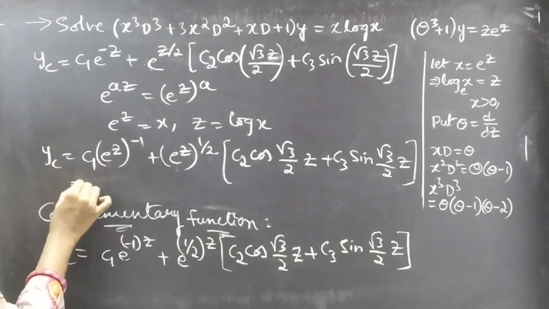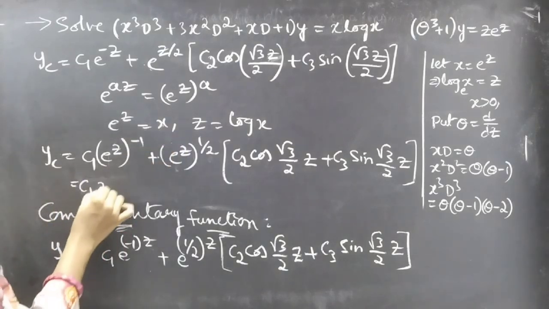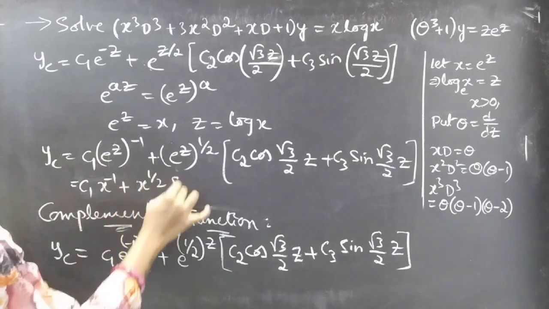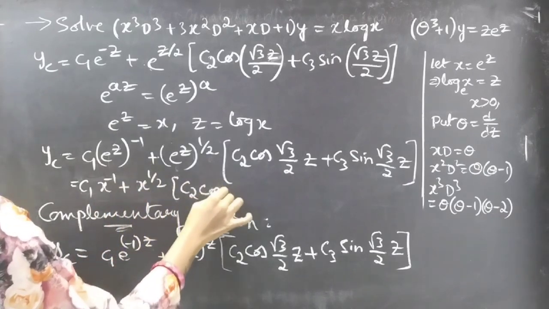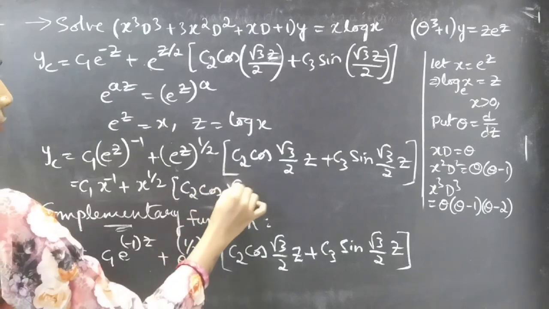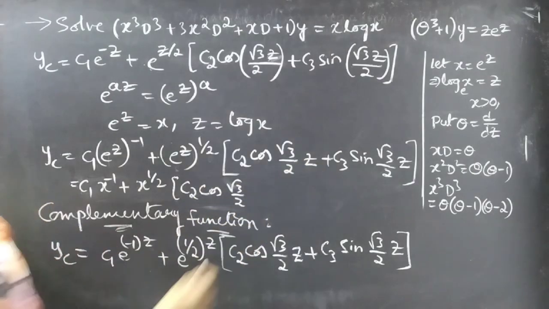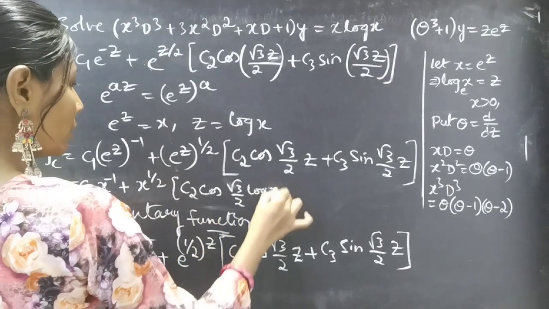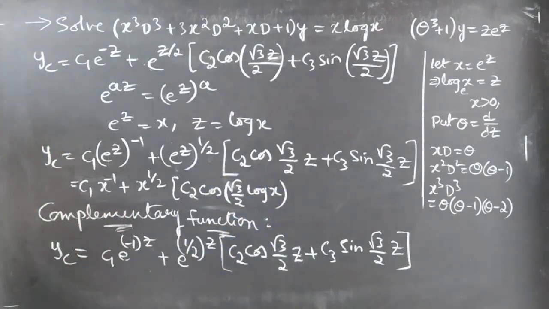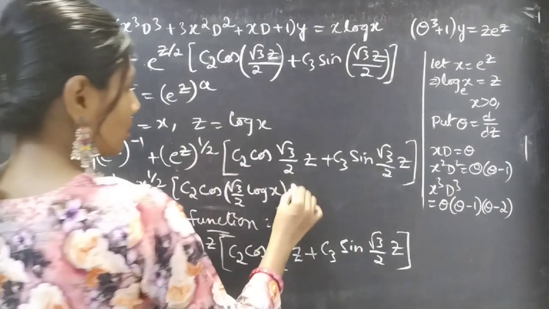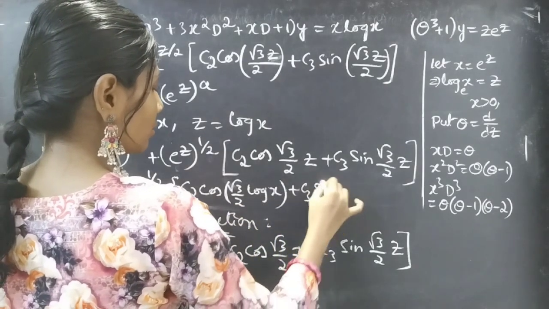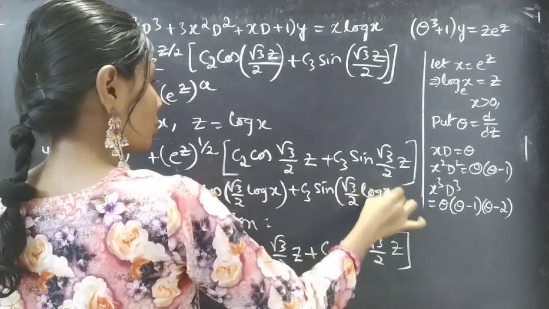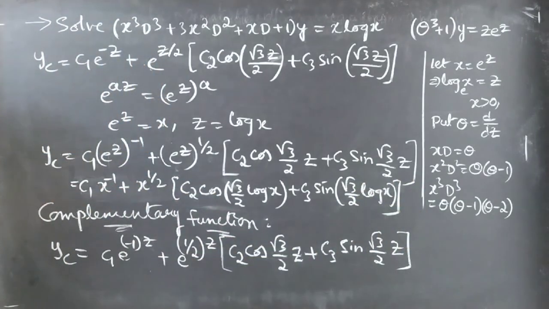Now just replace e power z by x, then we'll get c1 x inverse plus x power 1 by 2 into c2 cos root 3 by 2 into, replace z by log x, root 3 by 2 into log x plus c3 sin root 3 by 2 into log x.